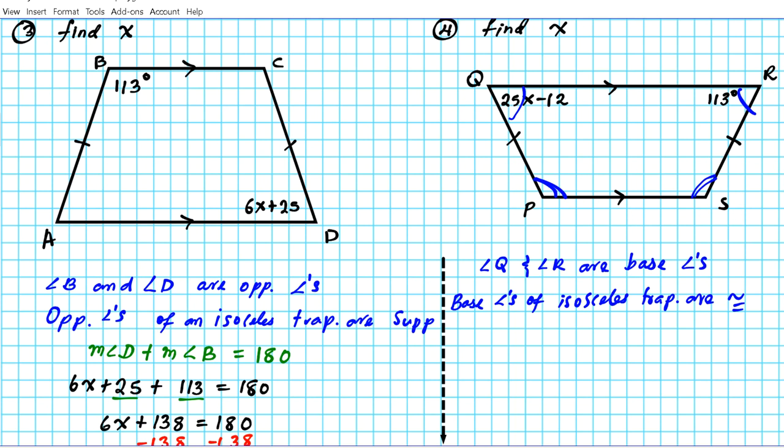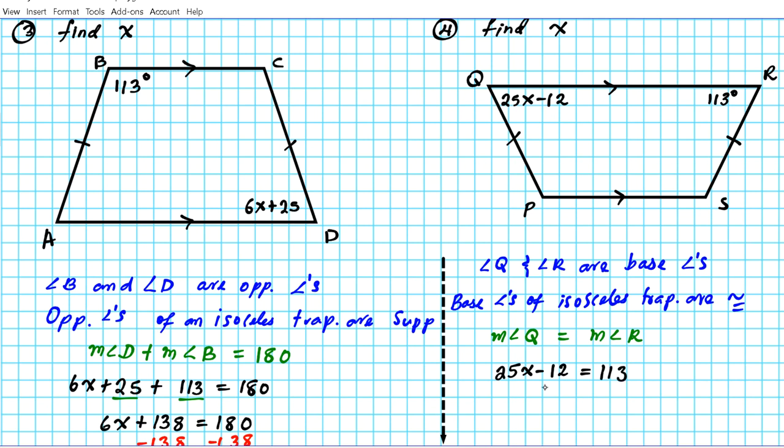So you have two pairs of base angles for an isosceles trapezoid, and both pairs are congruent. Okay, so the equation that we can write with this information is as follows. We can write that measure of angle Q is equal to measure of angle R. So if we substitute, we have 25x minus 12 is equal to 113.